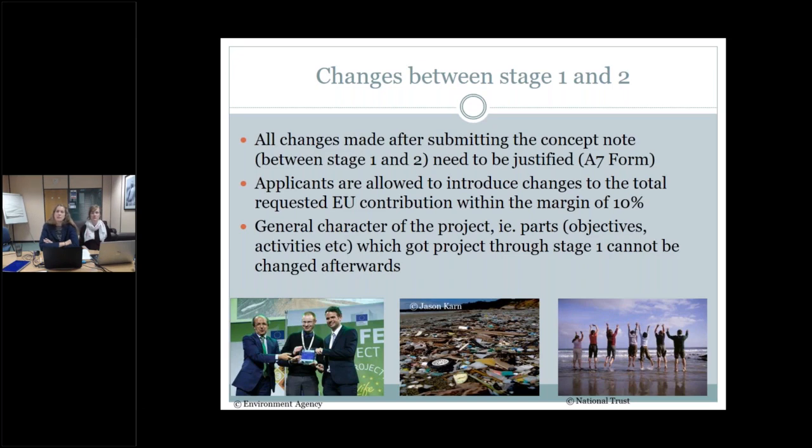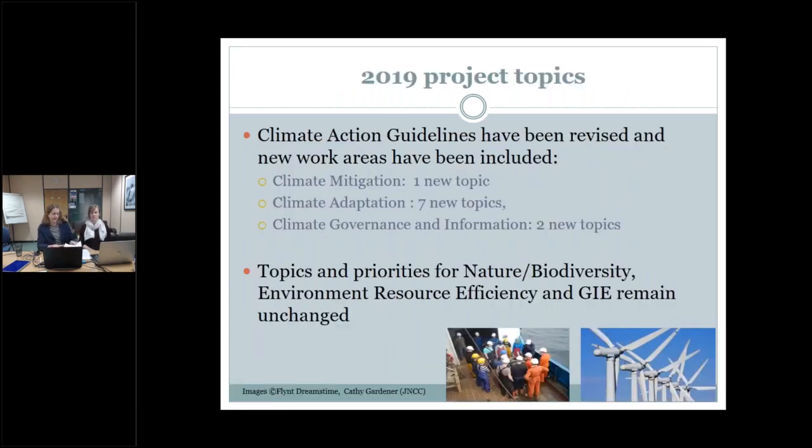A certain degree of change will be allowed, however, but you cannot change the critical elements of your project which got your project through stage 1, such as the main objectives, activities, and actions. The budget, as I've already said, can be changed within the margins of 10% of the requested EU contribution.